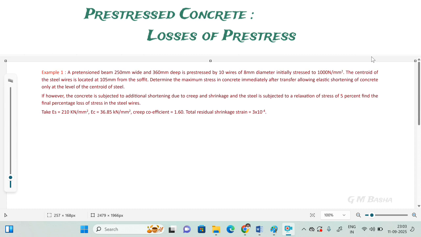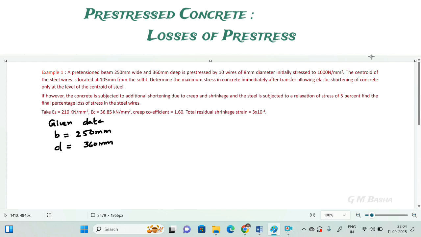So see the question. A pretensioned beam 250 mm wide and 360 mm deep is prestressed by 10 wires of 8 mm diameter. It is always better, along with the question, to write down the given data and draw the diagram accordingly. So the beam size is given: 250 mm wide and 360 mm depth.